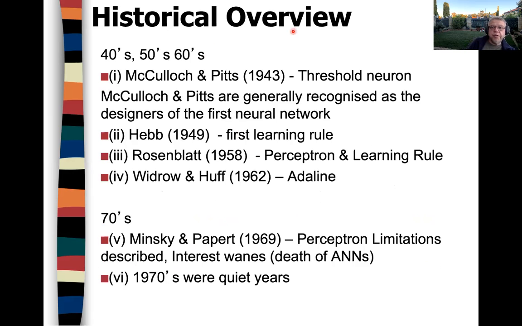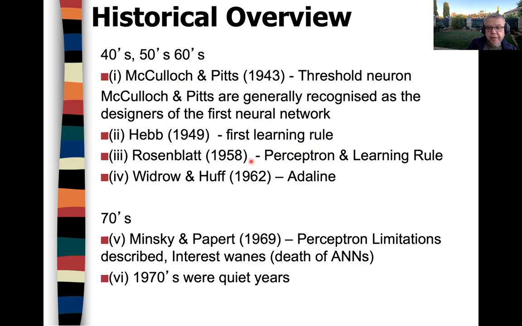Some historical overview. In the 40s, 50s, and 60s, McCulloch and Pitts in 1943 came up with the threshold neuron. These guys are generally recognized as the designers of the first neural network. In 1949, Hebb came up with the first learning rule, called the Hebbian rule. We'll look at it later.